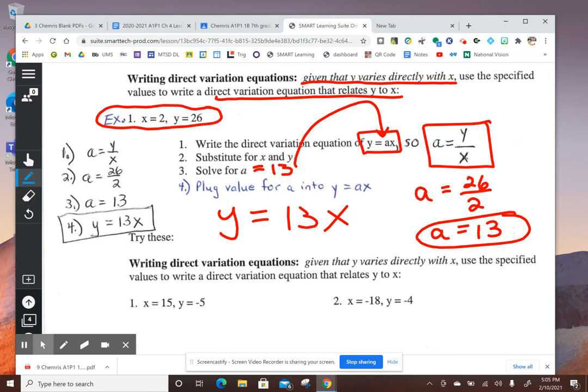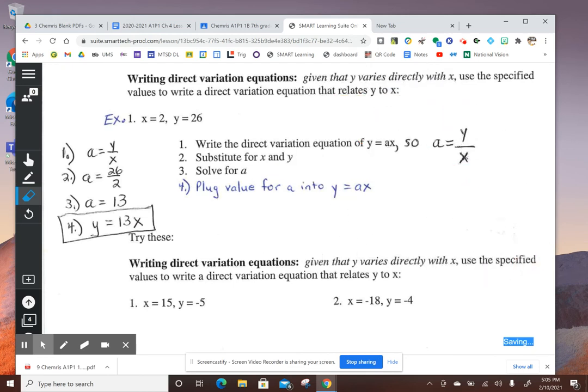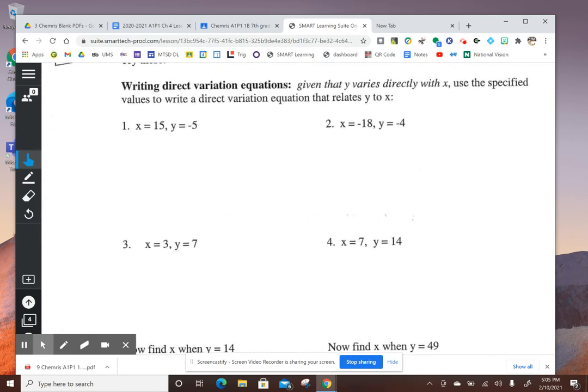Okay, so let's try the next two. All right, there's 4. Okay, so for the first one, again, it says, given that x varies directly with y, write a direct variation equation that relates y to x. So we know we want to write an equation in the form y equals ax.